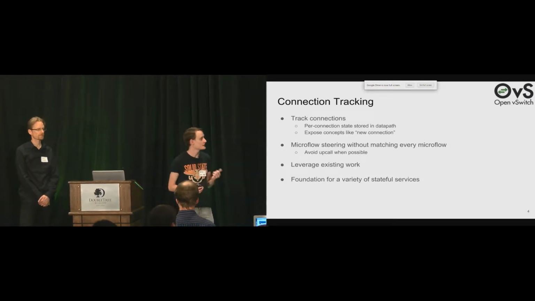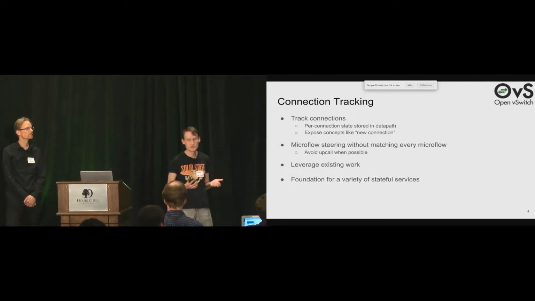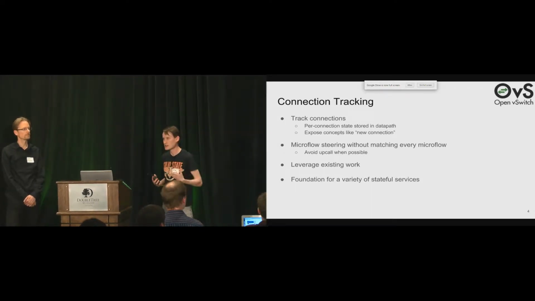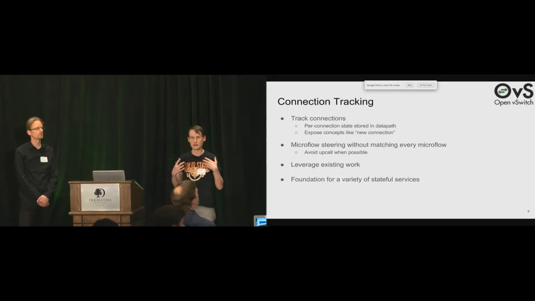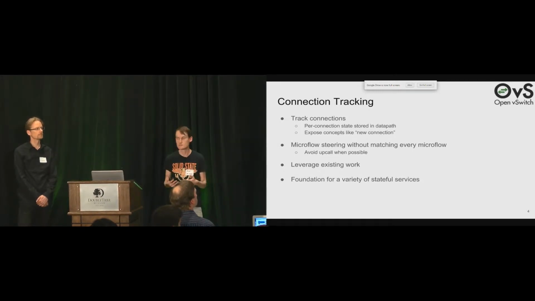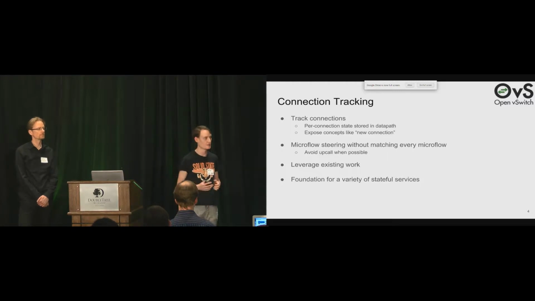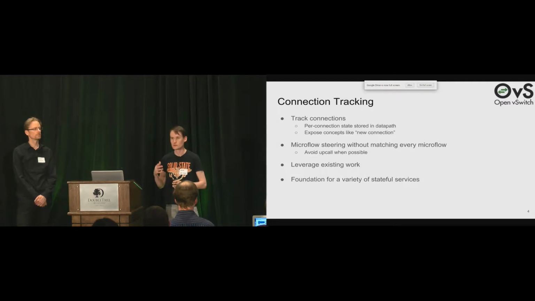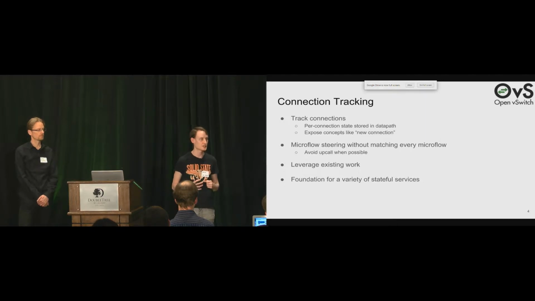So if we look at connection tracking, really what it allows us to do is to track a particular, I guess, 5-tuple or maybe more complex than that, but track connections and store some level of information about them within the data path. And what we do is we expose more generic concepts about those connections, like whether it's a new connection, whether it's been seen before, so an established connection, or in the case of the FTP example, if it's related.